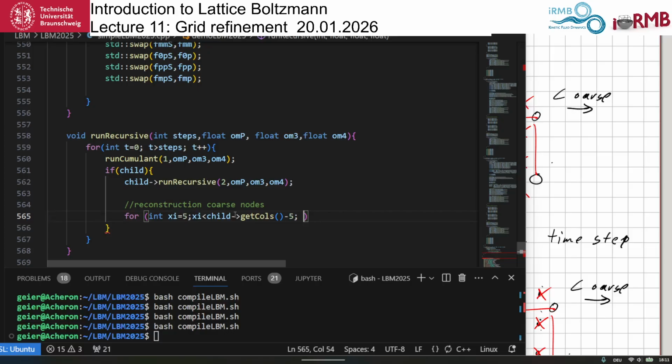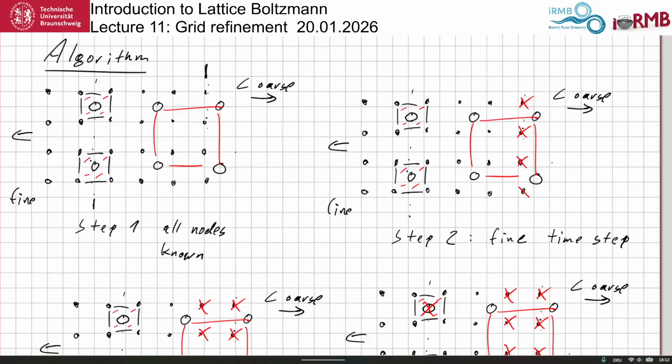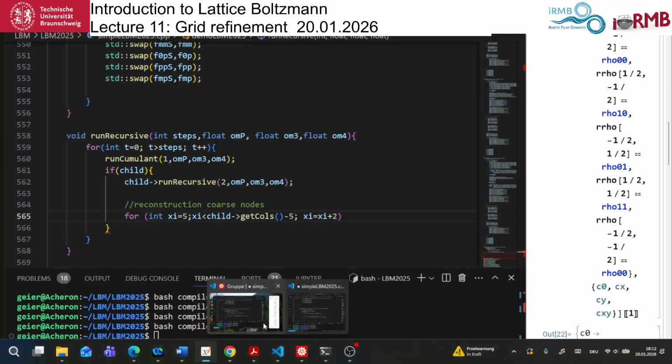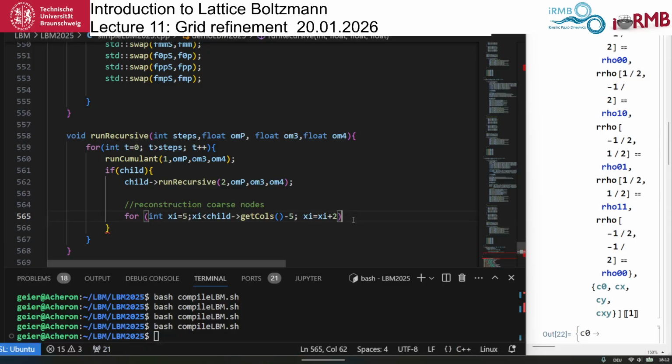And then we increase this by 2. So we increase it by 2 because we go from this cell to that cell. Yeah, that's what we want to do.